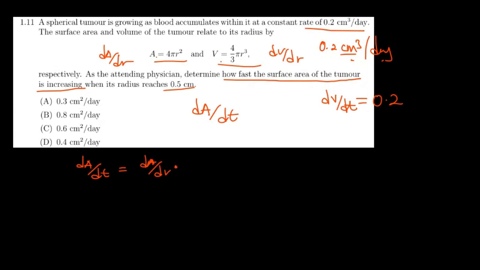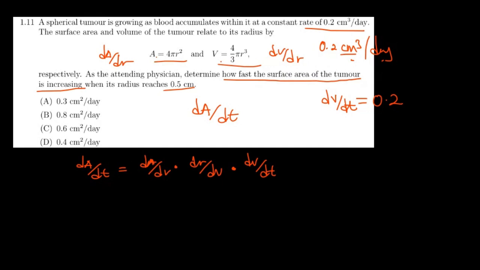So I'm going to flip it: it's going to be dr dV, multiplied by my dV dt. You can see how they are cancelling, right? The dr cancels with the dr, the dV cancels with the dV, and you remain with your dA dt. So we just have to find each of these and then multiply them to get the answer.